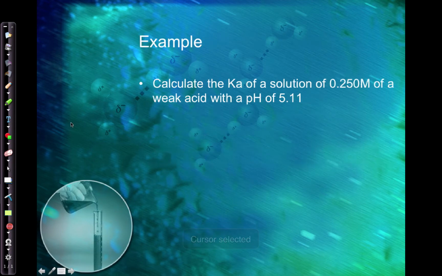So let's calculate the Ka of a solution of 0.250 moles per liter of a weak acid with a pH of 5.11. Alright, so when I look at this, I'm going to write out my reaction first. So I have a weak acid. I don't know what it is.